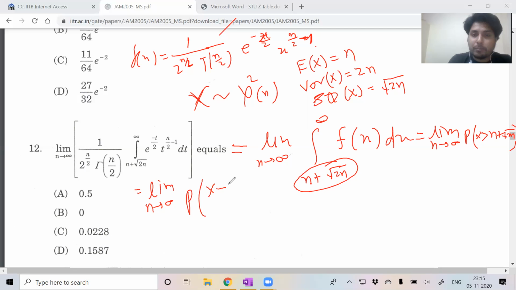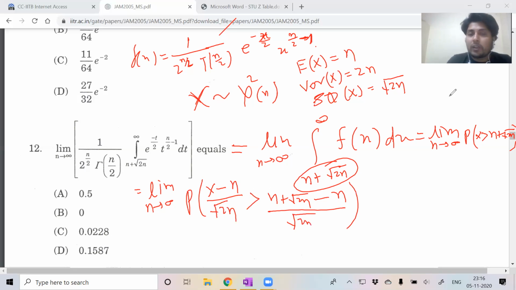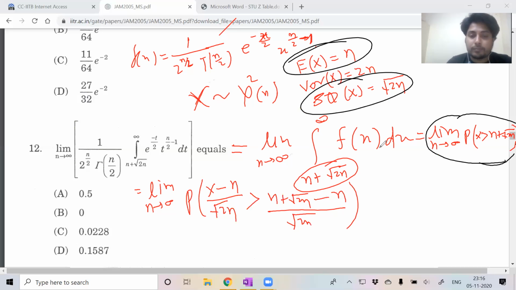So x minus the mean E(x), which is n, x minus mean upon standard deviation, which is root 2n. So we'll get more than, it was n plus root under 2n. So we'll subtract the mean n and divide by root 2n on both sides. Both sides we subtracted n, which is the mean, and divided by the standard deviation just to normalize it.